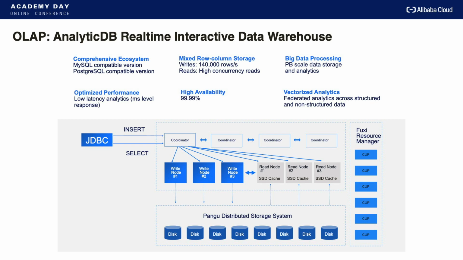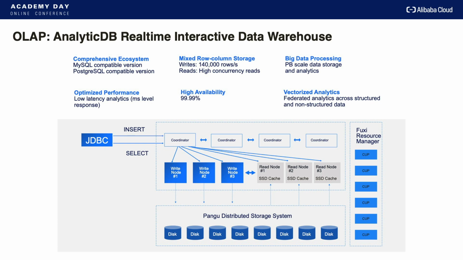Imagine in the e-commerce use case, the scenario we mentioned previously, you have a million sellers sending very complex analytical queries to the backend, and everybody expects a millisecond to a second level response. So all those queries are handled by ADB, right? So it's a high concurrency and high performance environment.